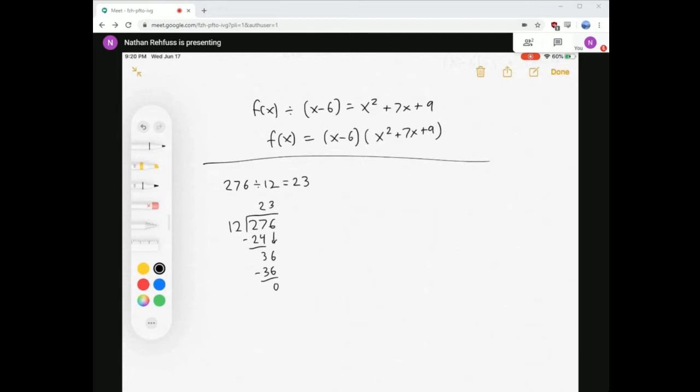Now, on the other side here, let's say I wanted to do, this is going to be almost the same problem, 2x squared plus 7x plus 6 divided by x plus 2. What does that have to do with anything? Well, when I write 276, I'm looking at place values.